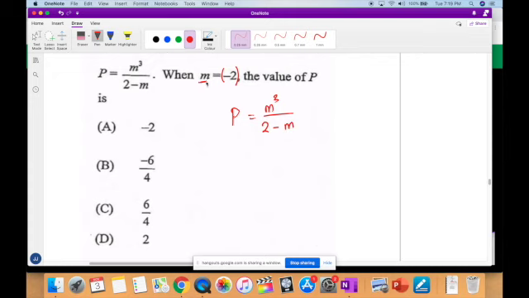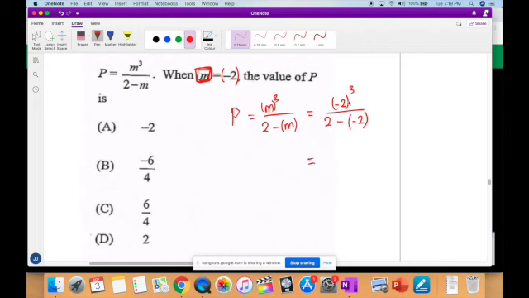And what they're saying is m, not minus m, not m squared, not m cubed, but m is -2. So I am going to put -2 wherever I see m. We have an m here and an m here. So I'm going to put -2 cubed all over 2 minus m, which is -2. That is a little mistake you all would have made. Some people would have just put the 2 alone.